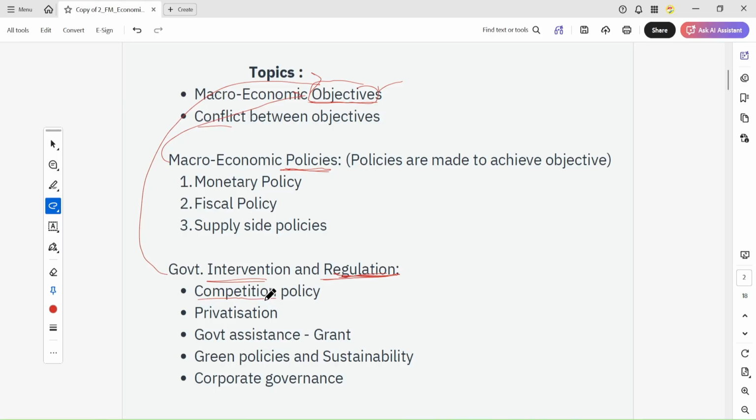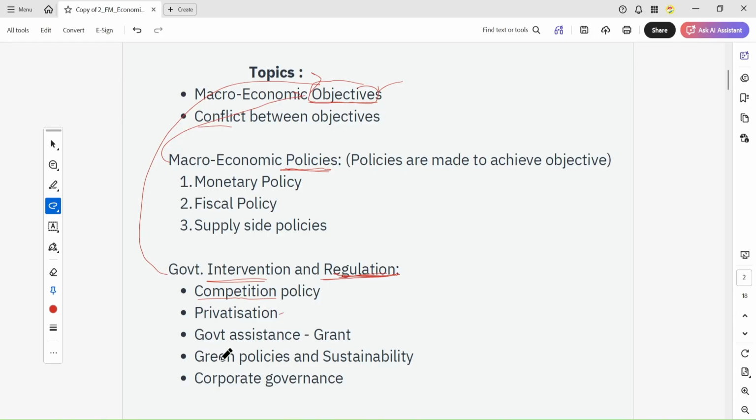When you have a monopoly situation in the country, government makes competition policy. When government-run companies are not doing well, government has to intervene, sell those entities and make the privatization. Then there is government assistance, where government gives some assistance.